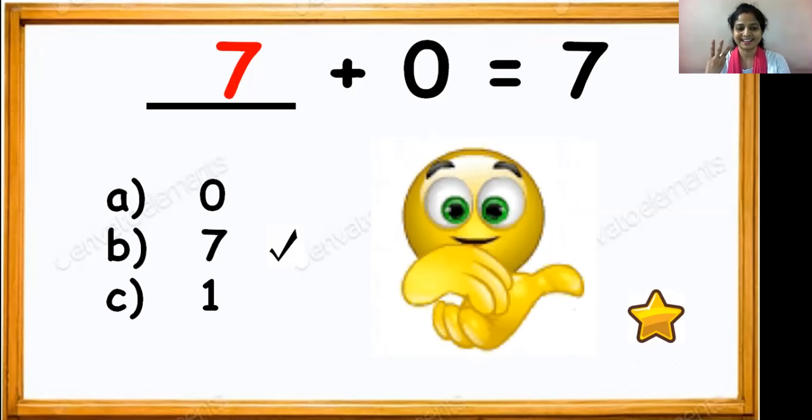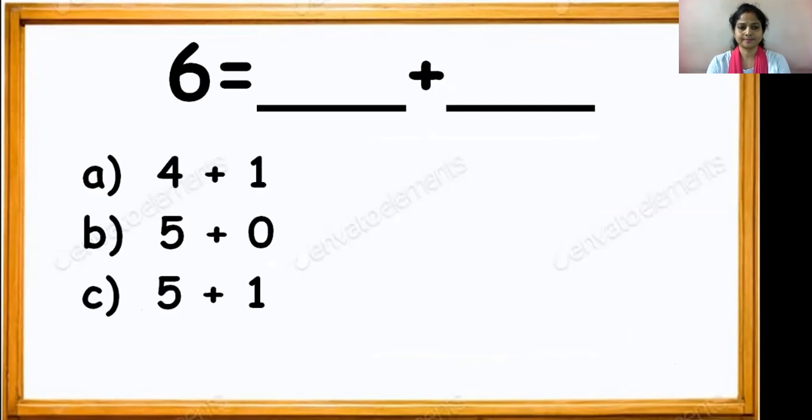3 stars now. Okay, the last question is a little bit tricky. Just see. Read this. 6 equals dash plus dash. Oh my God. Here 2 numbers are missing. So how will we find these 2 numbers? Look at the A part.